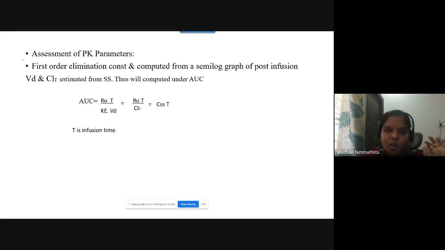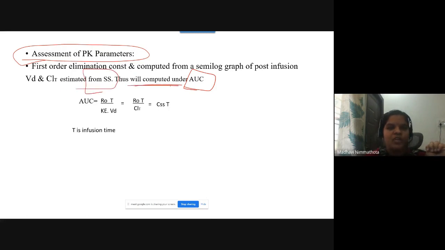From this loading plus infusion, you need to assess the PK parameters also. The most important parameter you can calculate from this is AUC. The first order elimination rate constant is computed from a semi-logarithmic graph of the post infusion phase, estimated from steady state.